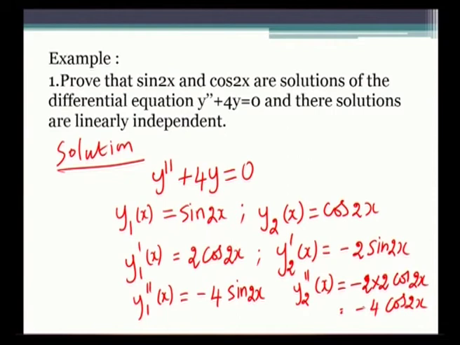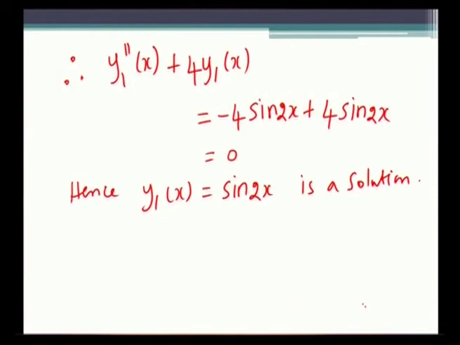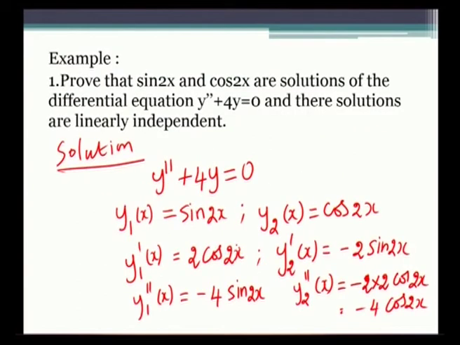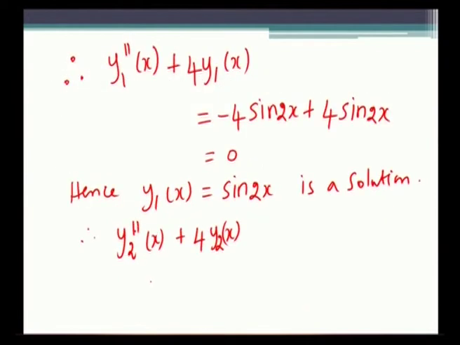Now, substitute this in the equation. So, the equation can be written as y2 double prime of x plus 4 y2 of x. Now, substitute the value of y2 double prime of x, which is minus 4 cos 2x.